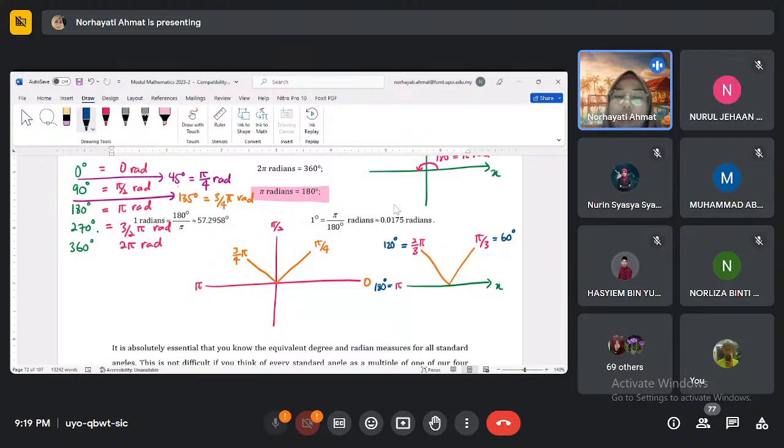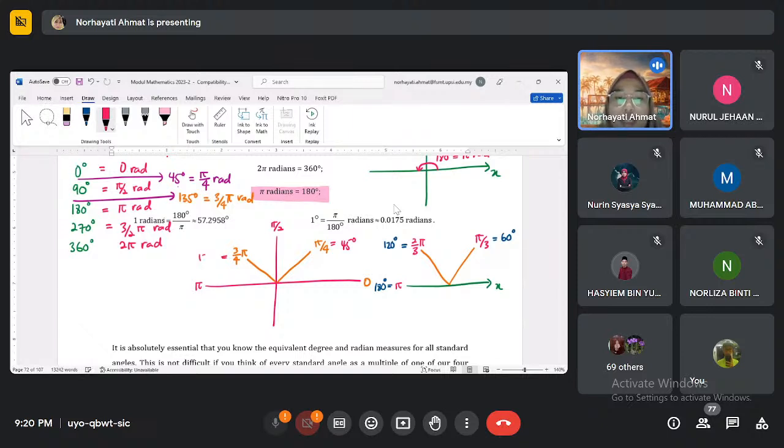Okay, if we divide the half circle into 4 parts, so each part is 1 over 4. So for the first angle, which is apa angle dia ni? 45 degree. So is equal to pi over 4. Okay, 90 degree is pi over 2.